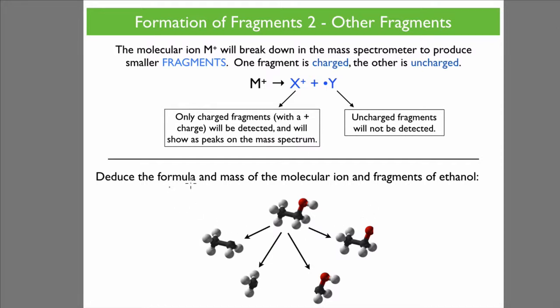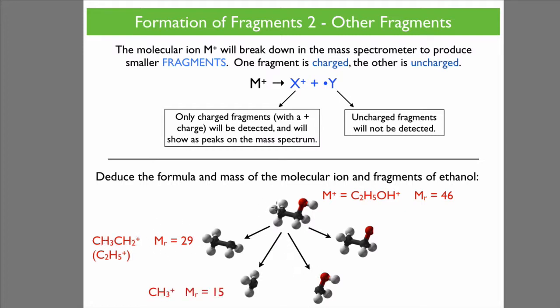Let's deduce the formula and mass of the molecular ion and fragments of ethanol. So the first, the ethanol itself with one electron removed is going to have a molecular mass of 46. Over here you see we've chopped off the oxygen and the hydrogen. We've got rid of the OH group to give us CH3CH2+, molar mass of 29.